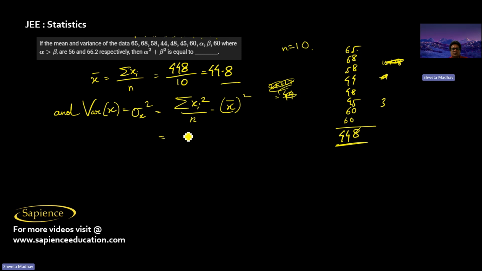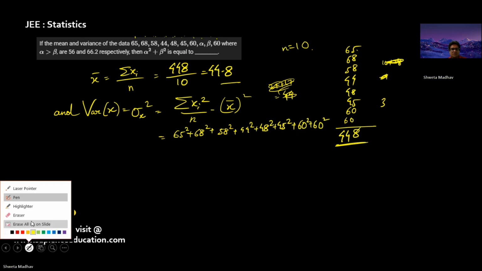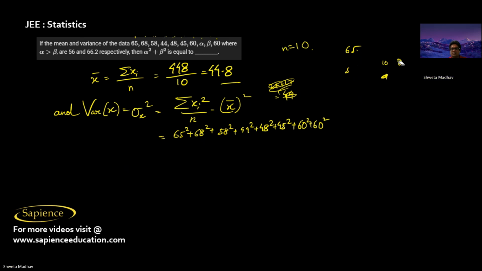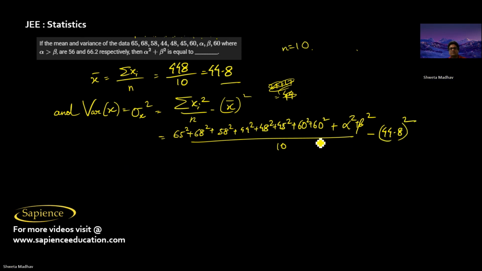So then this will be 65 square, or we can do, okay, the 65 square plus 68 square plus 58 square plus 44 square plus 48 square plus 45 square plus 60 square plus 60 square and plus alpha square plus beta square divided by 10 minus 44.8 whole square. That is equal to 66.2. Alpha square plus beta square will be how much?